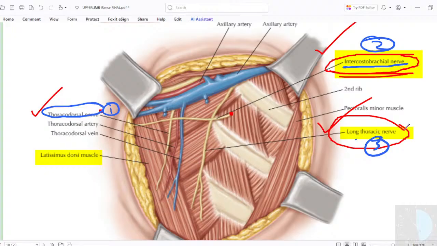Which vessel? The artery will be the thoracodorsal artery. Which vein? The thoracodorsal vein. So the thoracodorsal nerve, thoracodorsal artery, thoracodorsal vein, and other nerves like the long thoracic nerve and the intercostobrachial nerve, mostly the intercostobrachial nerve in the options.